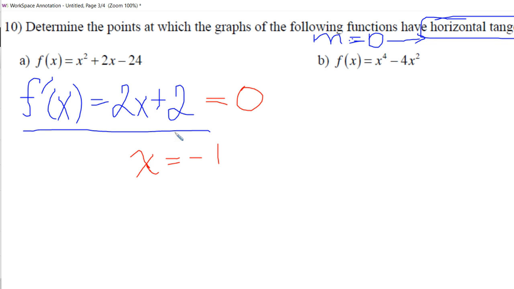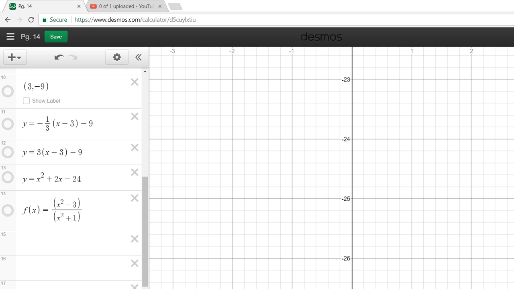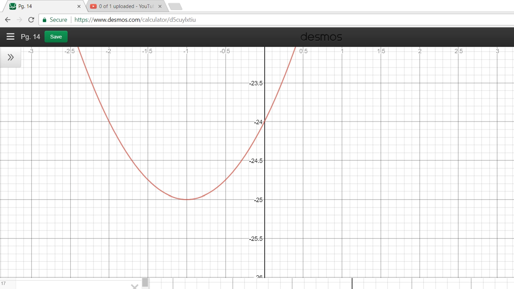However, the question is about the actual point, which means we need x and y. So let's find the y point of the curve. We said this is our function, and it will have a horizontal tangent at -1.